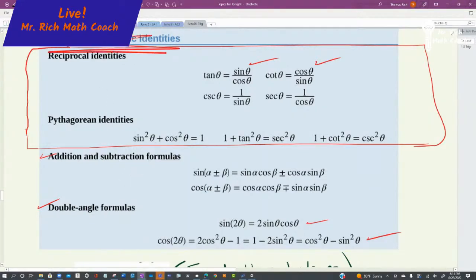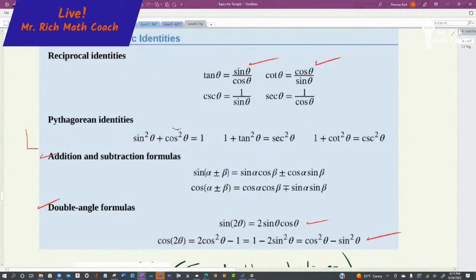Now, I don't know if your teacher told you, but as long as you remember this function right here, these other two Pythagorean identities fall right into place. If you divide everything by sine squared here, you're going to get another identity, because this is a 1, this is cotangent squared, and what is 1 over sine squared but cosecant squared theta.